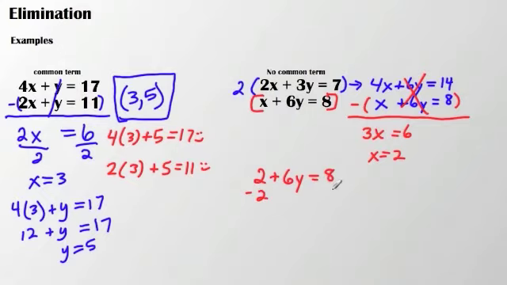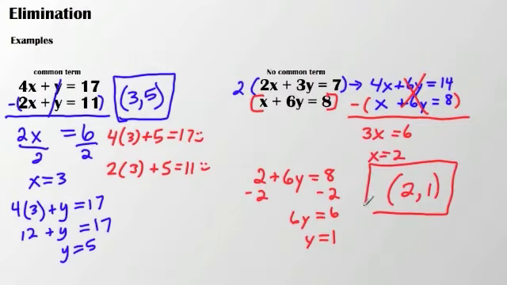I subtract 2 from both sides. 6y equals 6, and y equals 1. So the answer to this second system of equations is positive 2 comma positive 1. And when I check these numbers into the original equations, I see that my answers are right. That's how to use elimination.